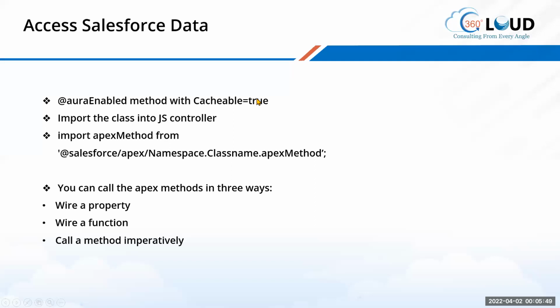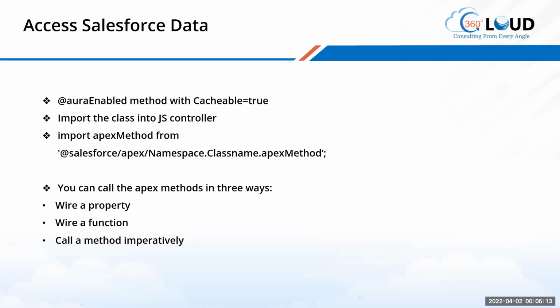The benefit of cacheable=true is that it improves your component's performance. If there is already some data in the cache and you want to search that particular data only, cacheable=true speeds up performance by milliseconds, and this will matter.